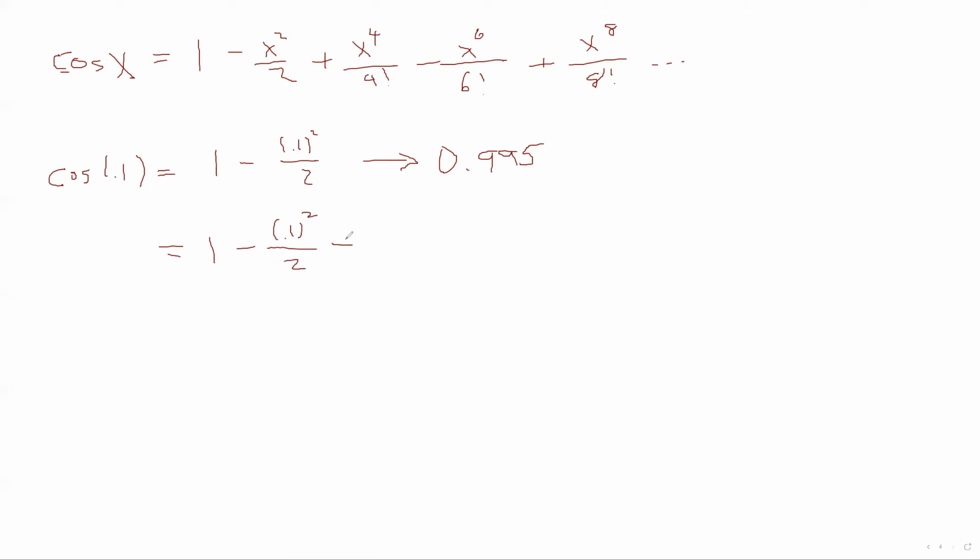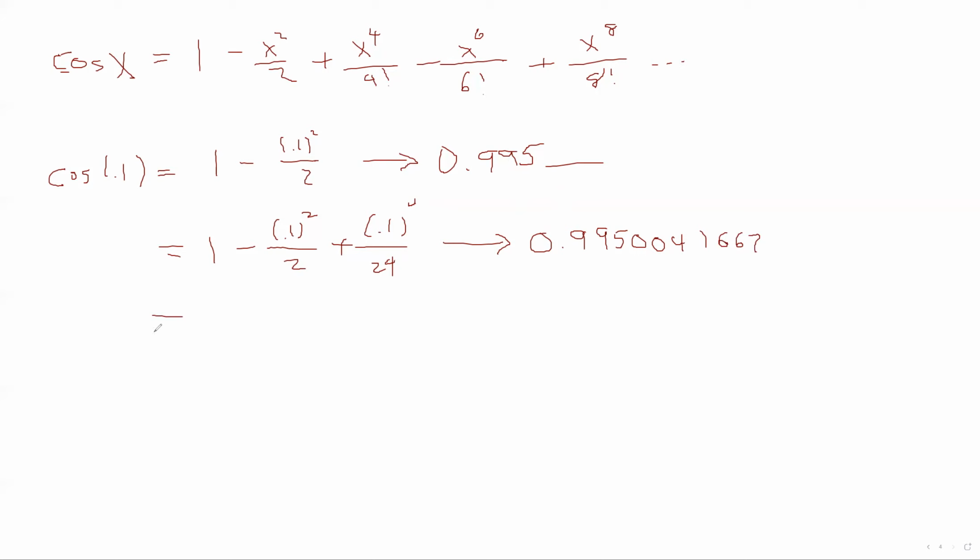So now let's do the x to the 4th version. So I'm just going to take my answer from before and add to it 0.1 to the 4th divided by 24. And I get, oh, you know what? This is 0.995 even. This is 0.995, and I'm going to give you the entire thing on the calculator here, 0.0041667.